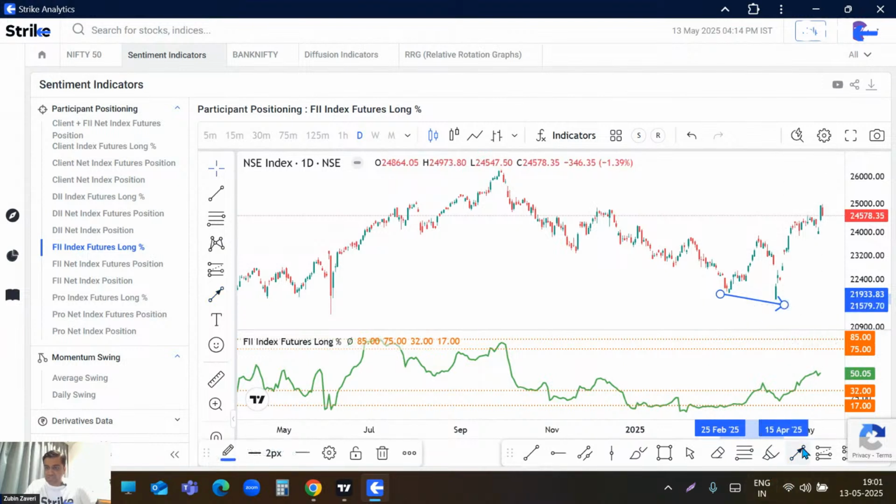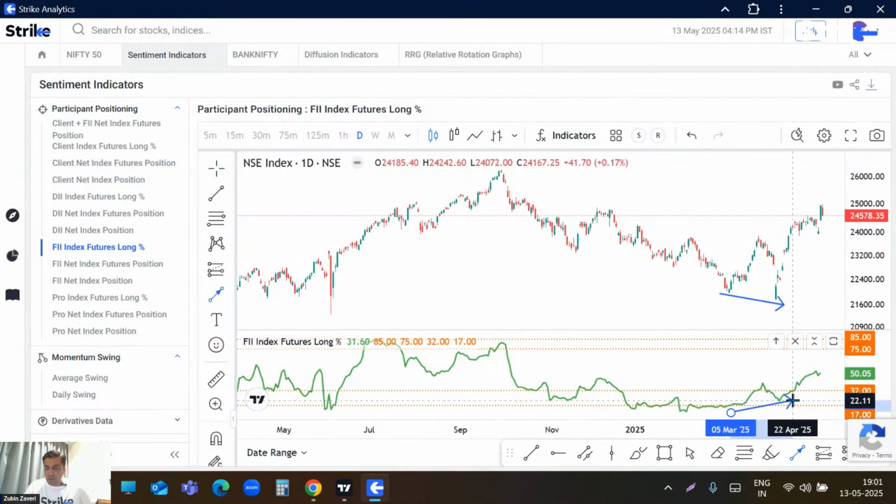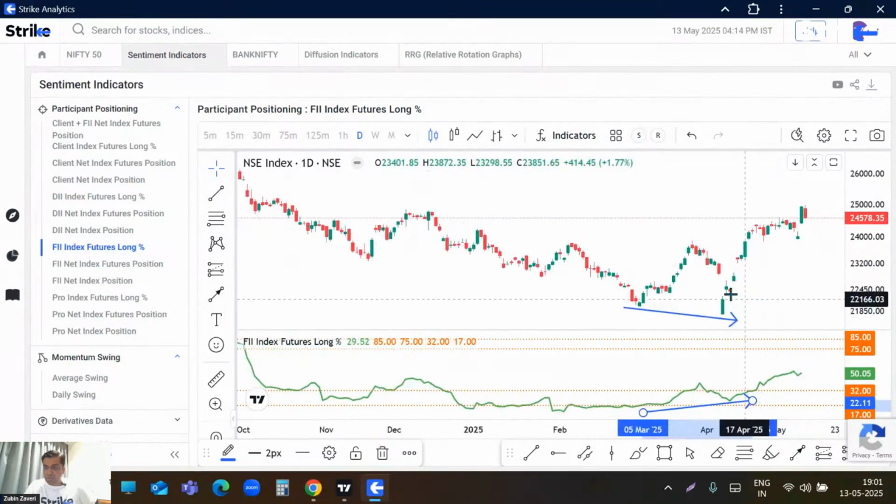If we look at this, because of the Trump tariff announcement, the market fell drastically. But the FII did not sell. Their positions were not as bad as they were before in the month of March.